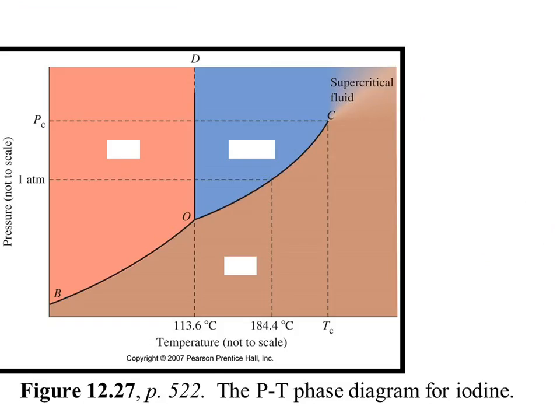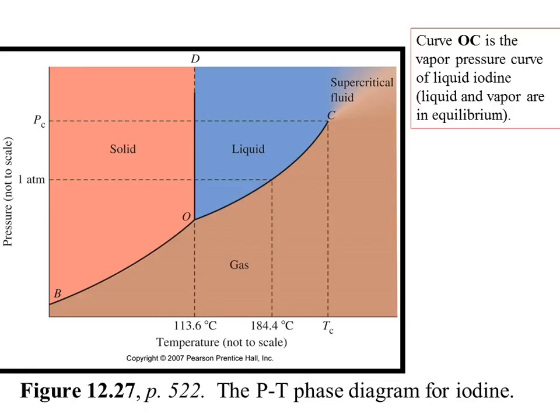Okay, another pressure temperature phase diagram. You see the Y, so be thinking solid, liquid, gas, right? We'll talk a little bit more about this one. If you look at the segment from O to C, so everybody find the segment from O to C. It would look like this.